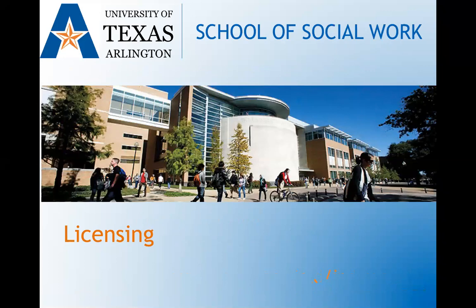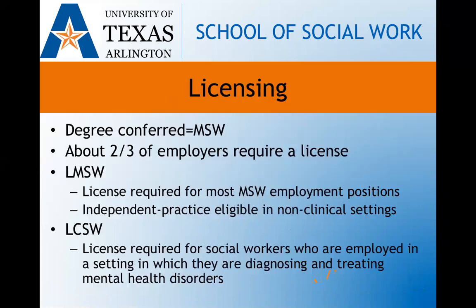I wanted to just make sure that you understood the licensing process, as I know some of you may have questions about that. When you graduate from our program, you will have the MSW degree. It will make you eligible for licensure at the MSW level. About 2/3 of employers require a social work license.